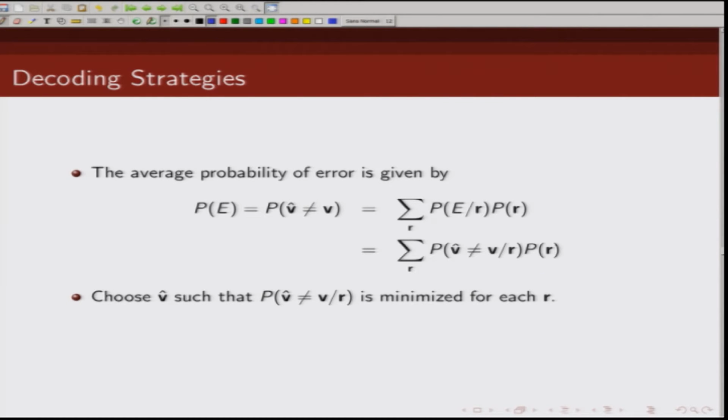There are two terms in this, one is P of R and another is this term.